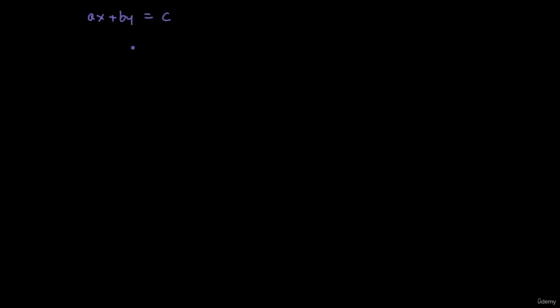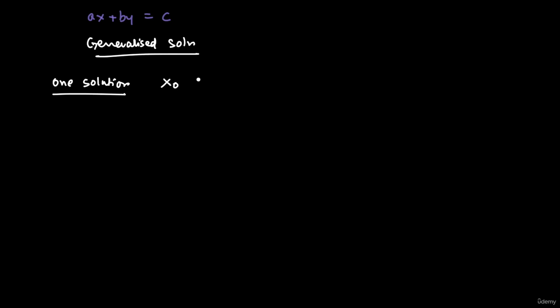Hi everyone, in this lecture we are going to look at the generalized solution for the given equation, okay? So basically what we have done is we have figured out one solution using extended Euclid's method, and we said the value of x is going to be x naught and the value of y is going to be y naught, such that they satisfy the above equation.